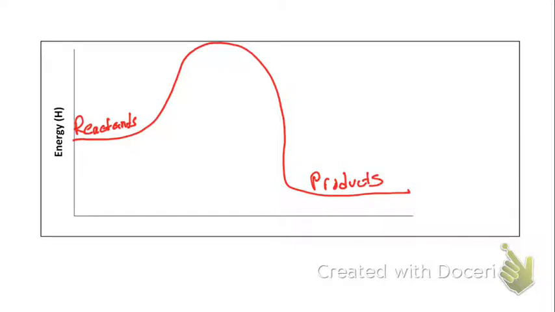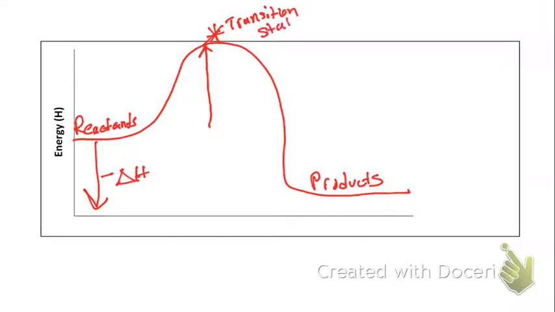The energy difference here is delta H, which is exothermic, and you should know that by now. You also should know that the energy here that comes to this transition state is the activation energy needed for the chemical reaction to go.